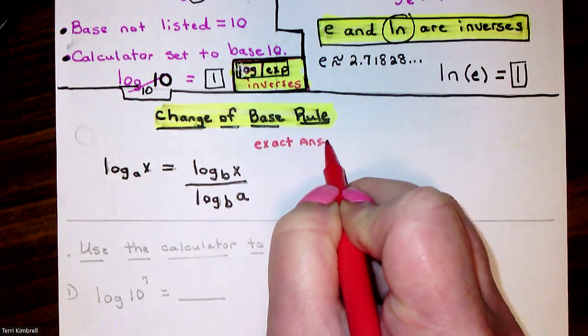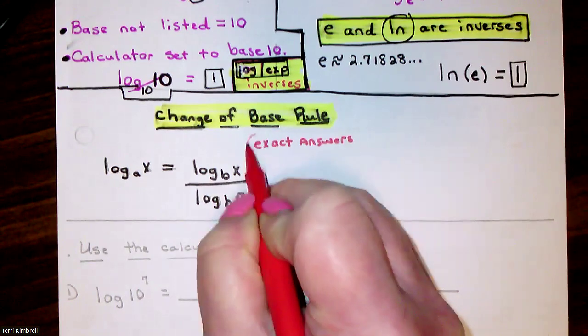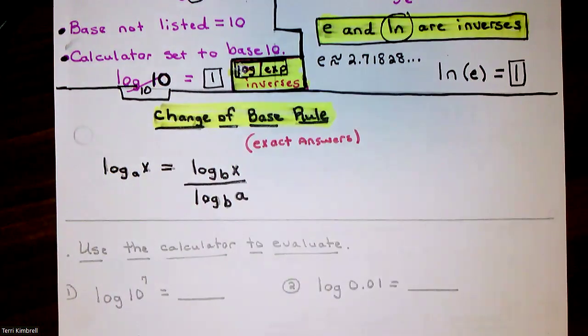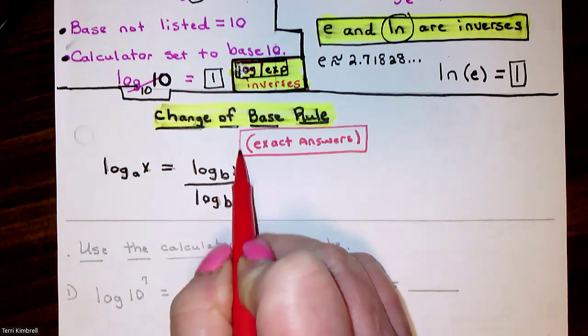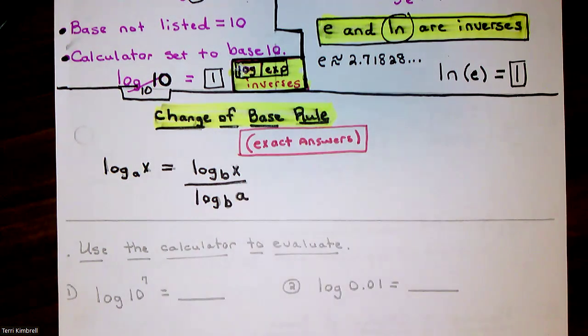So when you talk about exact answers, that means you're not rounding. It's kind of like you're going to leave them in terms of logs or LNs. When you do an exact answer with a radical, we leave it in terms of the radical. So sometimes you will need to type it in this way, so you'll need to know the rule.